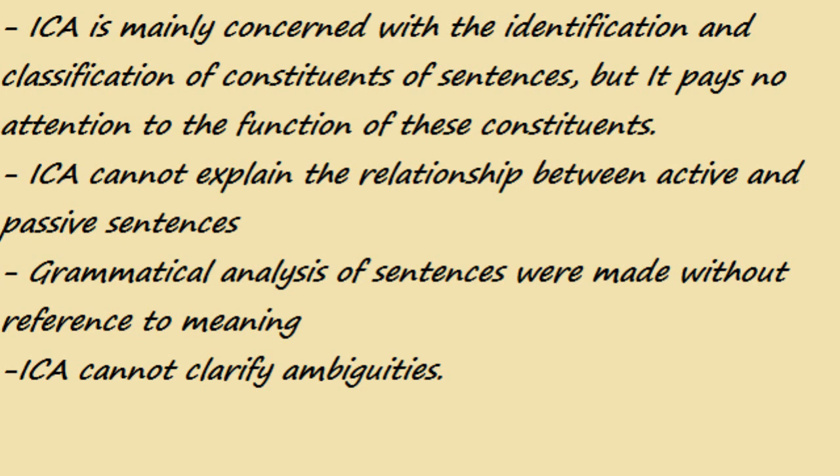Was the drinking taking place at midnight, or was the ordering at midnight? The third interpretation: who was drinking? The police or someone else? So these are the limitations of ICA.